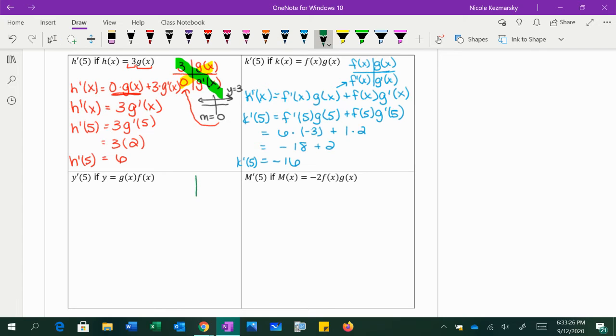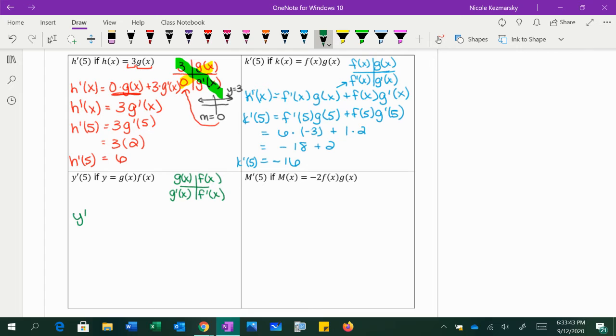So I'm going to set up my box and put g of x in the upper left this time, f of x in the upper right. So then I have g prime of x and f prime of x.